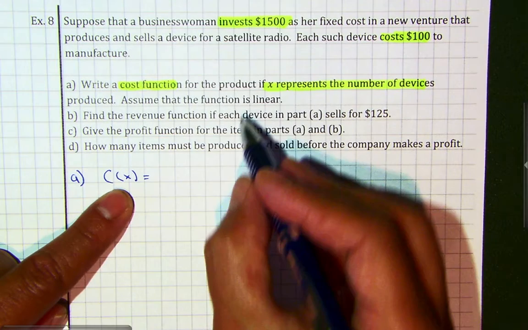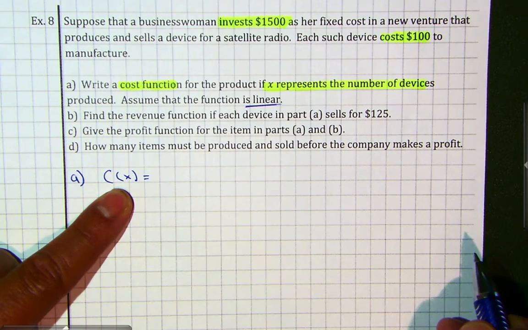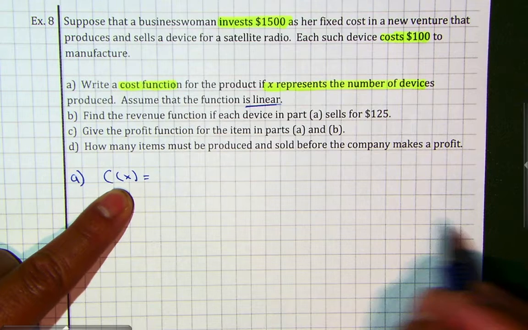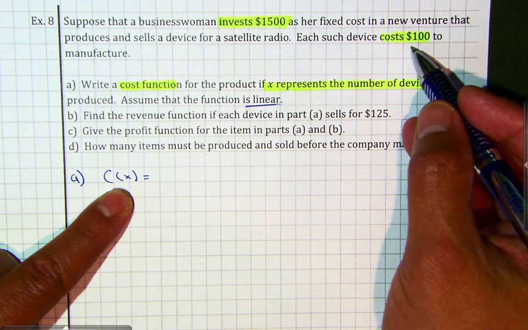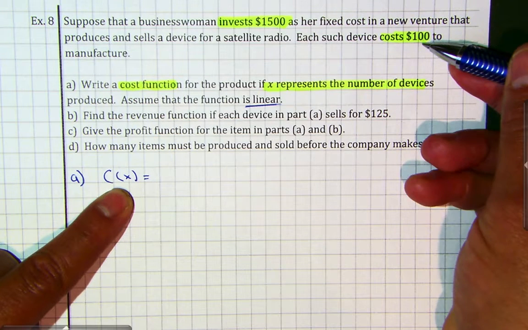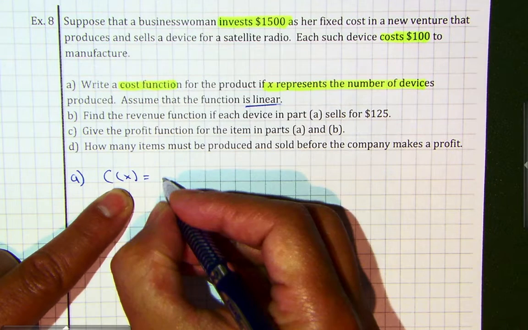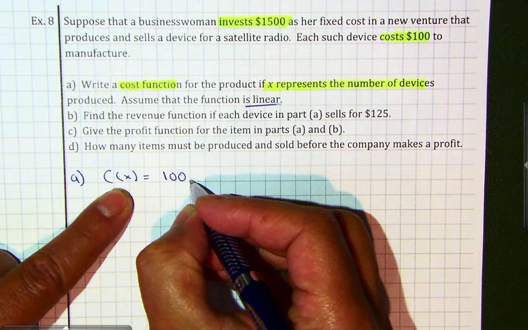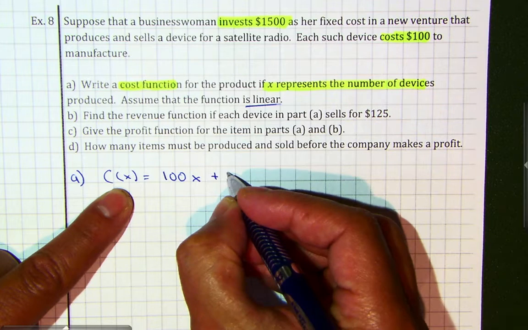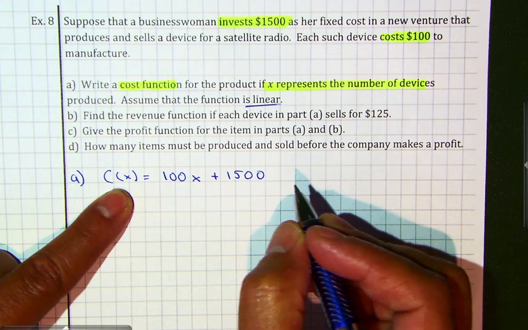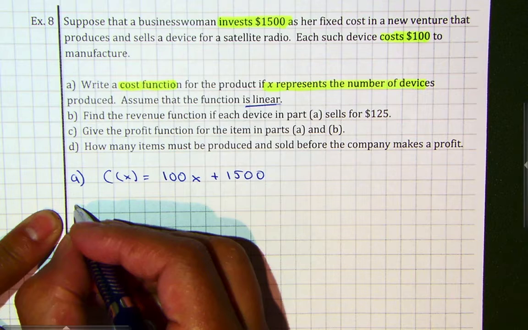Notice that it tells you that it's a linear equation. So which is the one that's going to be changing depending on how many items she produces? It will be 100 for every device that she produces, which will be x, plus her initial investment, which is 1,500. So that is the cost function.